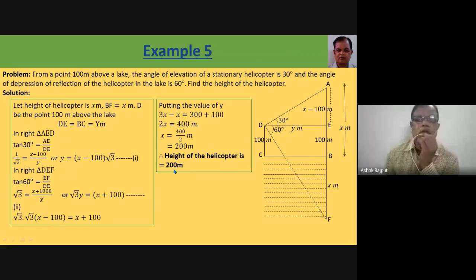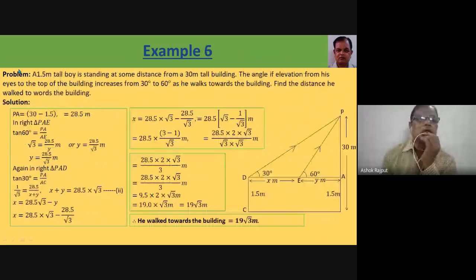Now next example number 6. A 5-meter tall boy is standing at some distance from a 30-meter tall building. The angle of elevation from his eye to the top of the building increases from 30 degree to 60 degree as he walked towards the building.